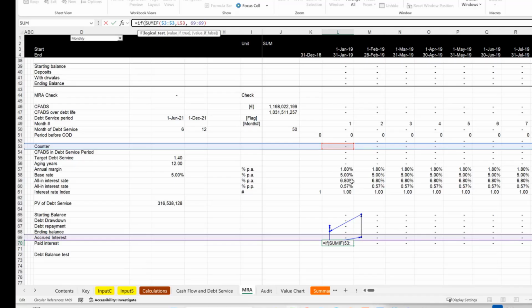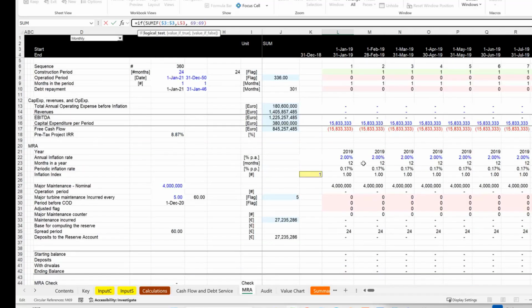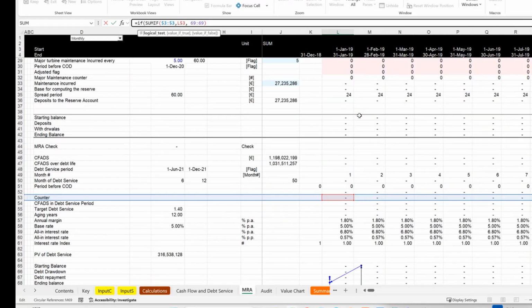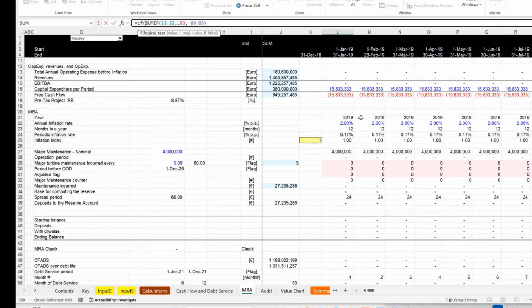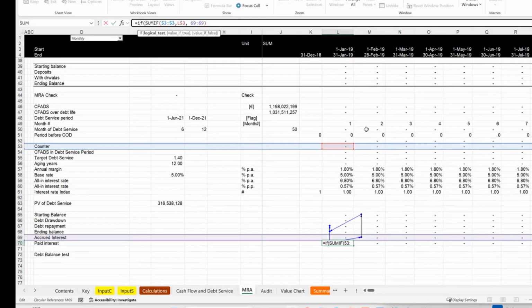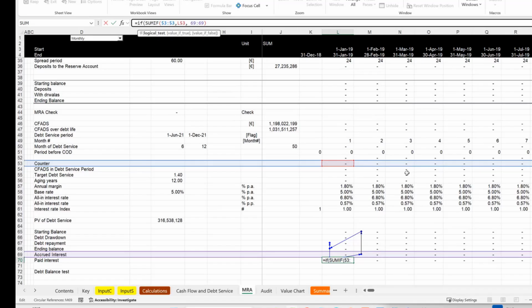What's the repayment flag? This one? That repayment flag? No, down there, our semi-annual repayment flag, which was down in that month of debt service.